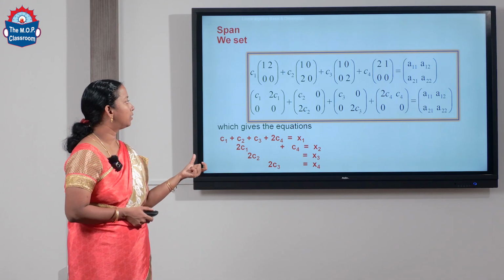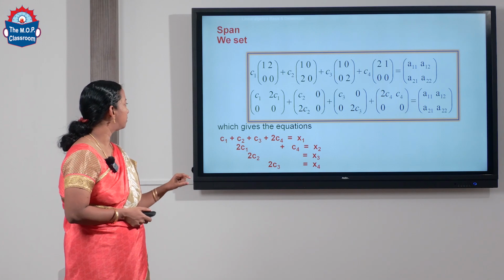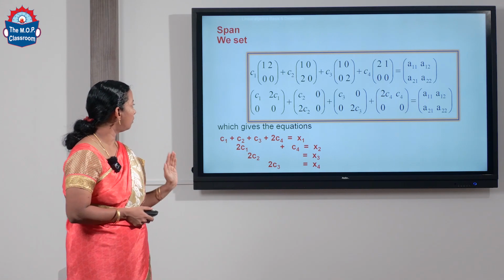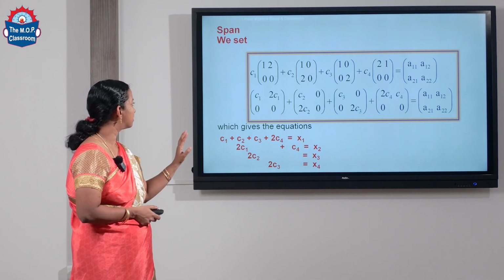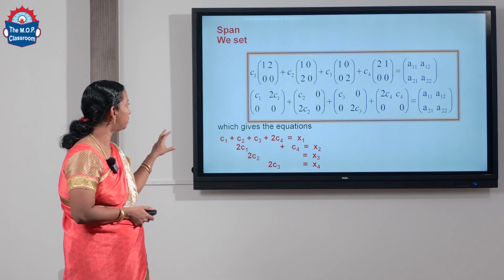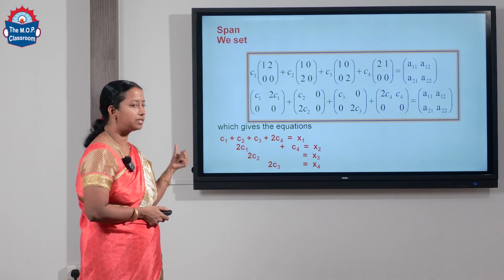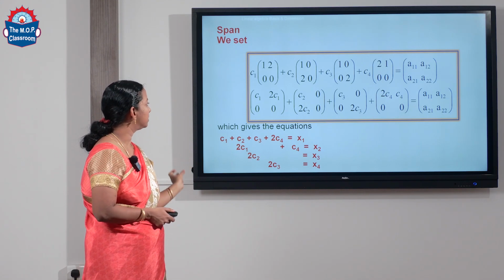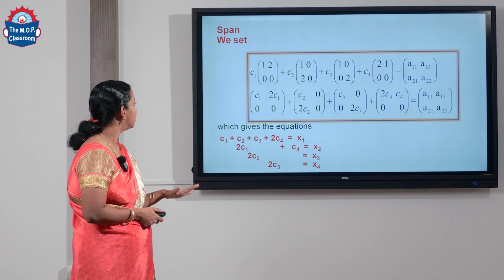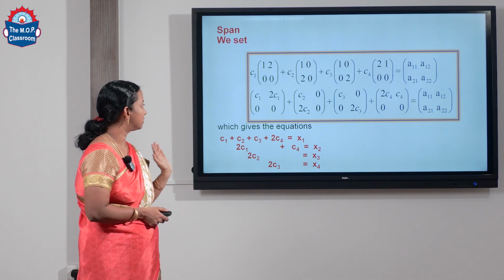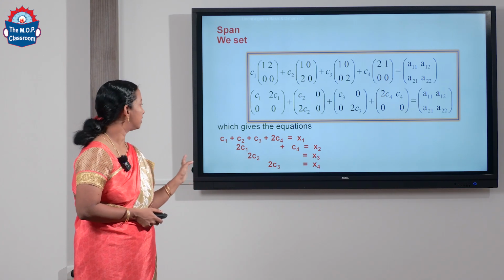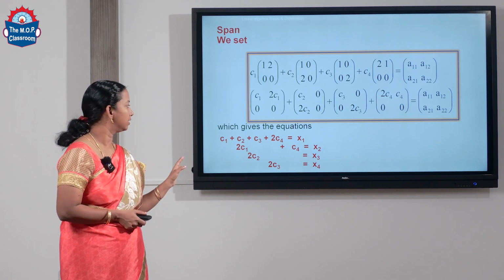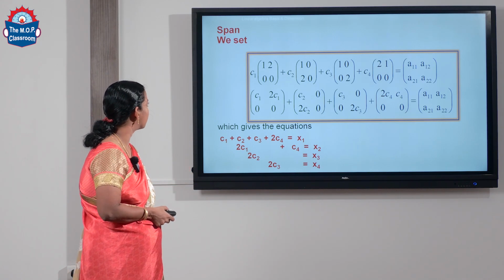Now taking the coefficients, the first element gives C1 plus C2 plus C3 plus 2C4 equal to X1. Next, 2C1 plus C4 equal to X2, 2C2 equal to X3, and 2C3 is equal to X4.